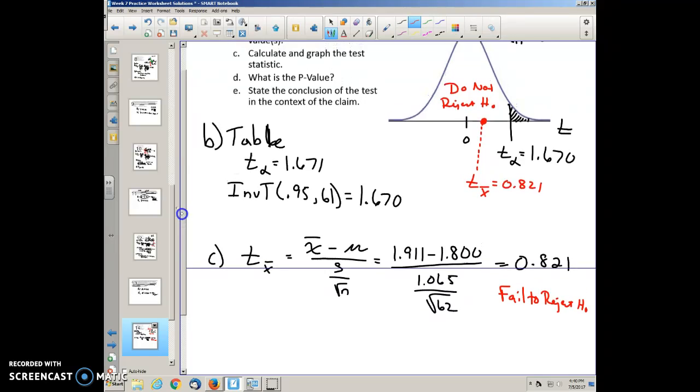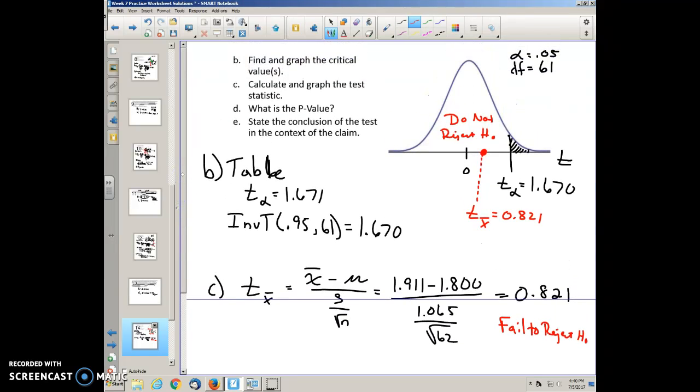This is the traditional method. So we fail to reject the null hypothesis. But let's look at the p-value. If I drew a line directly above 0.821, the p-value is the area to the right of 0.821. You can see that if the p-value is greater than the level of significance, the test statistic is not in the rejection region.